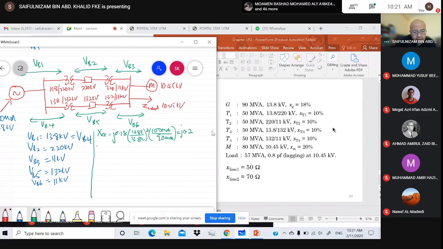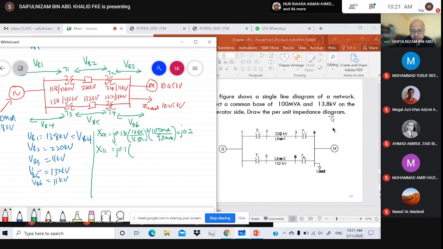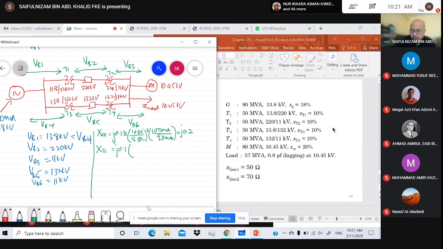Then XT1 equals. You can choose the primary or secondary. For T1, T2, T3, T4.